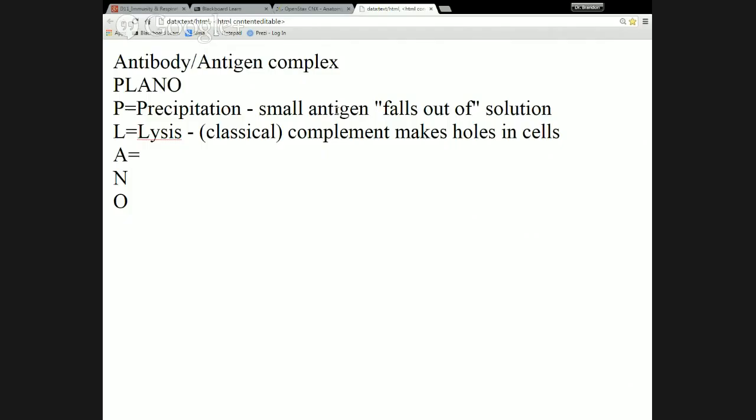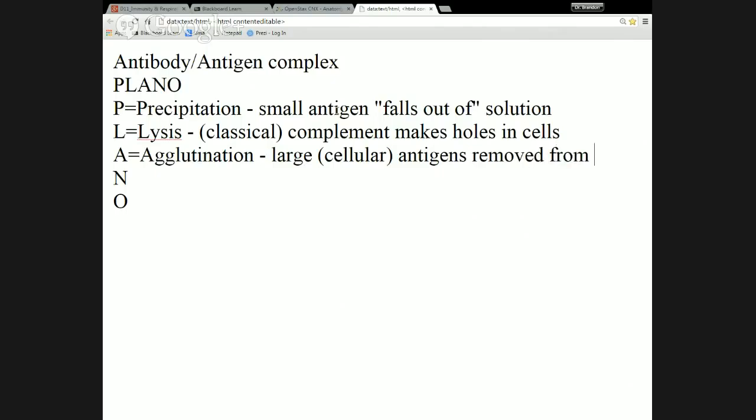And then A stands for agglutination. This is sort of the same thing as precipitation, but for large antigens, meaning cellular. Running out of space there, so I'm just abbreviating the word solution.